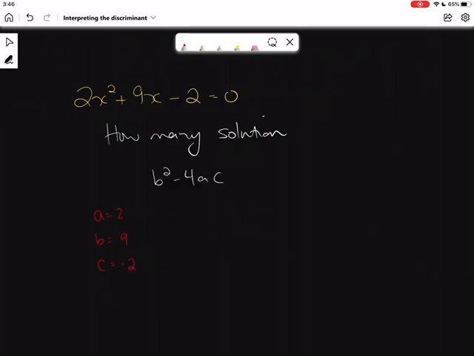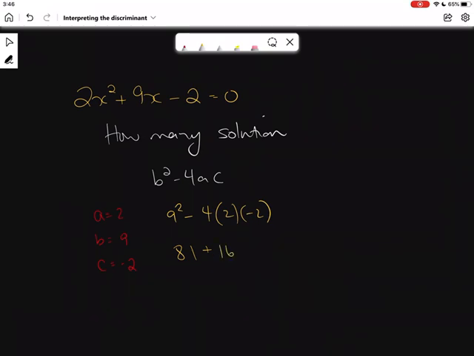If I plug in these numbers, I'm going to get 9 squared minus 4 times 2 times negative 2. When I plug this in, I get 81 add, because I'm taking away 4 and then multiplying by a negative number. I get 81 add 16.